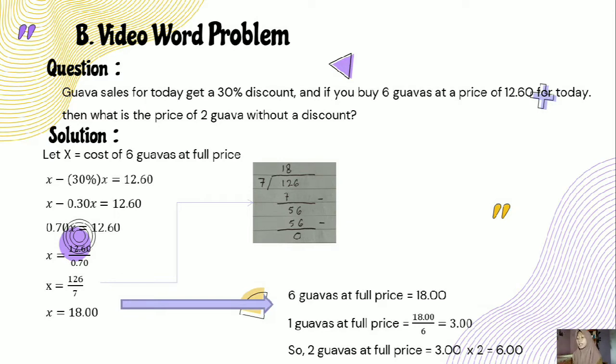And 6 guavas at full price is $18. And 1 guava at full price equals $18 per 6 equals $3. So 2 guavas at full price is $3 multiplied by 2 equals $6.